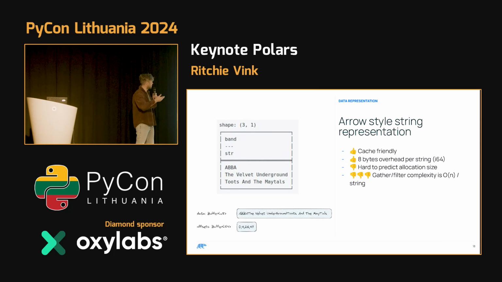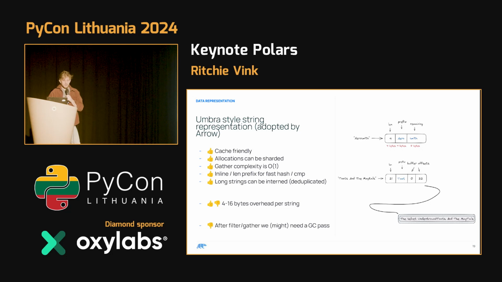So the gather operation, the filter operation, a gather is a take by index, is linear in complexity with the string size. And this can bring your query to a halt if you have large strings. It can get super expensive. So we made the switch to Umbra-style strings.